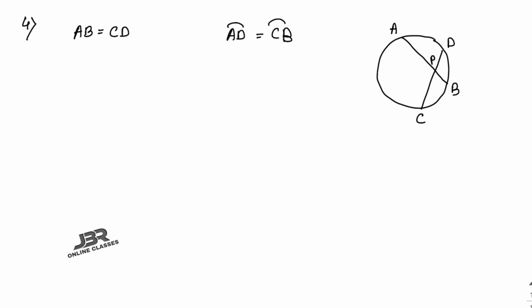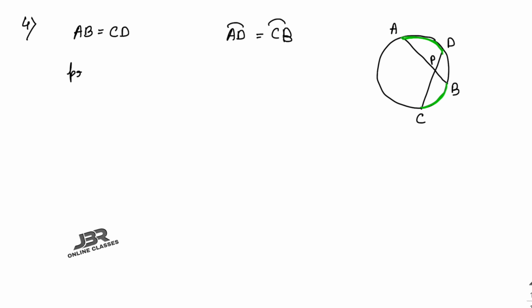Arc AD is this one, equal to this one, CB. So first, given: AB and CD are two equal chords intersecting at the point P. You have to prove that arc AD is equal to arc CB.